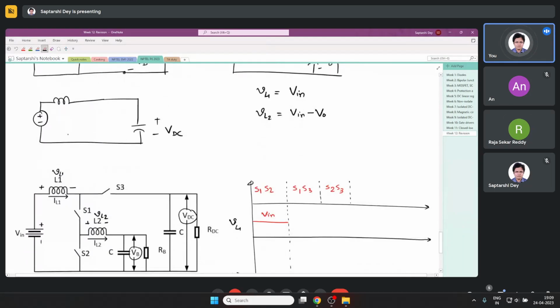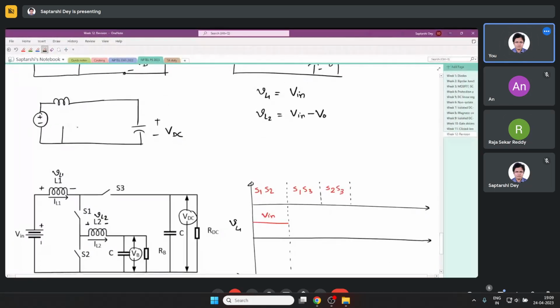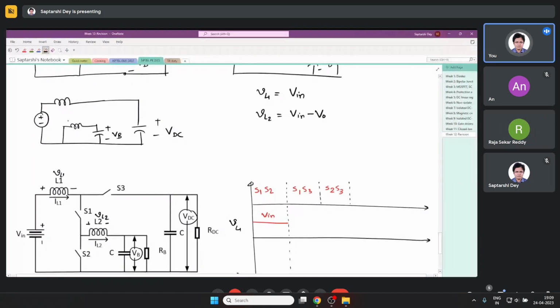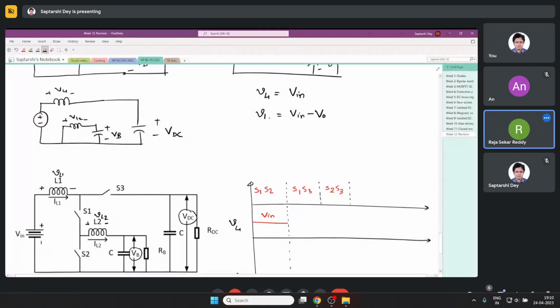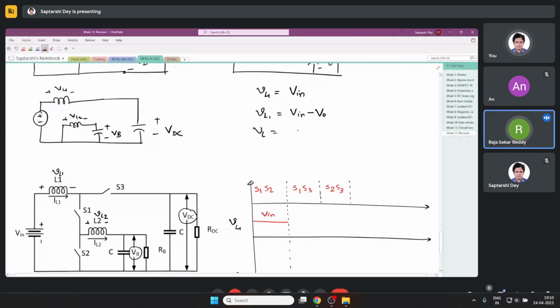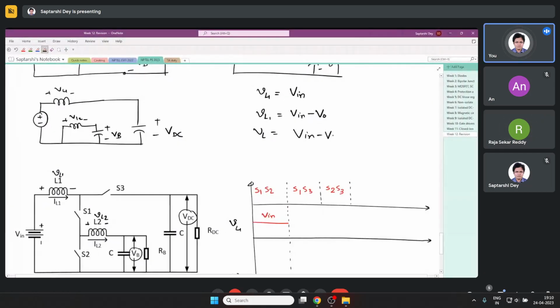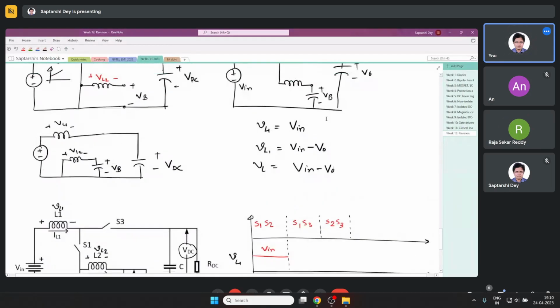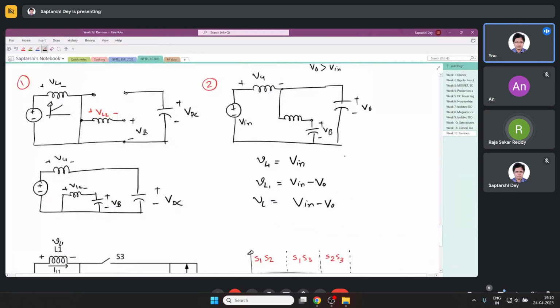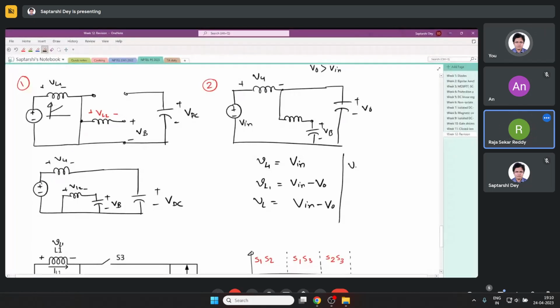So we have a circuit like here. This is our VL2, this is our L1. Again, it is V in minus V naught, right? Yeah.